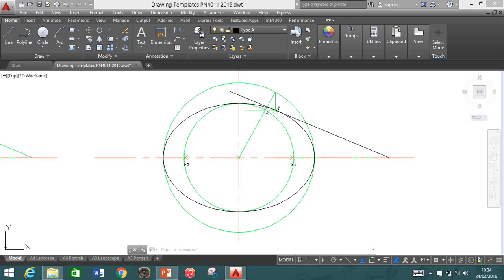So from the center I described a circle all around, and that gave us our minor auxiliary circle, and then just use the ellipse function to draw our ellipse, and the black lines are our finished solution.